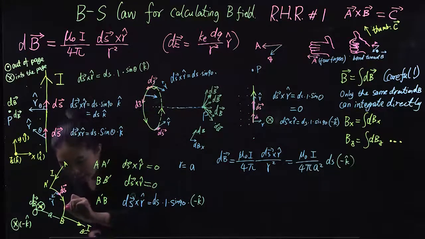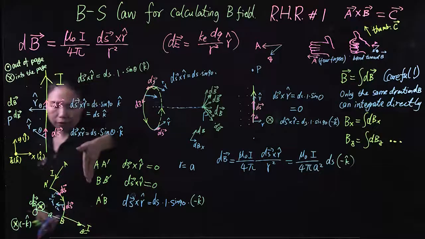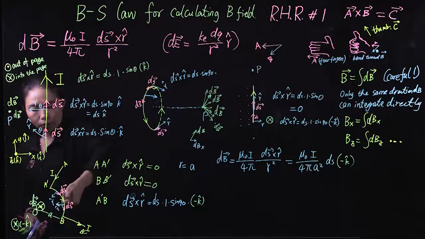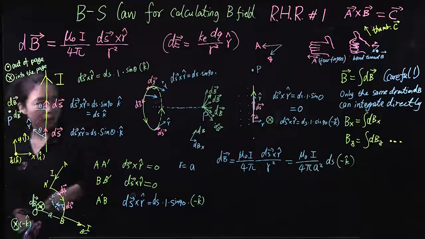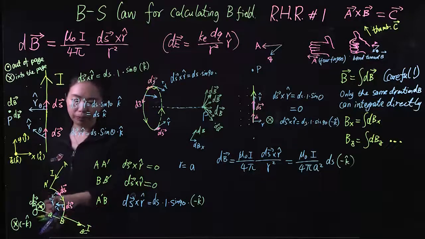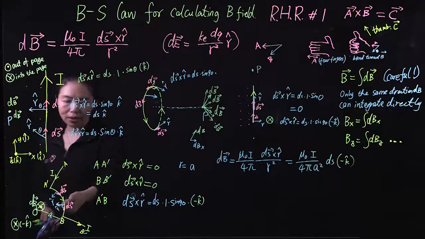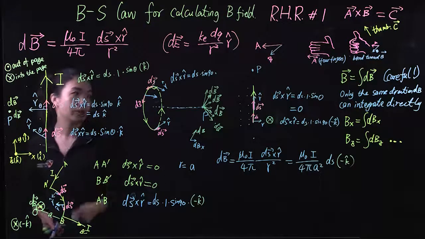Let's check another one. If we take a piece of ds here and cross product with the unit vector pointing to the center observation point O, again they are perpendicular to each other. Four fingers along ds, bend toward R, and the result is again into the page. So you find out this is a simple problem. Every piece of ds along this circle cross R is going to give you a result into the page.